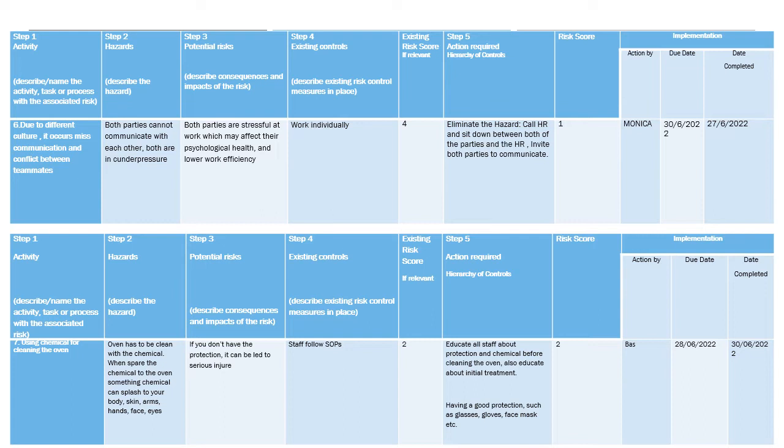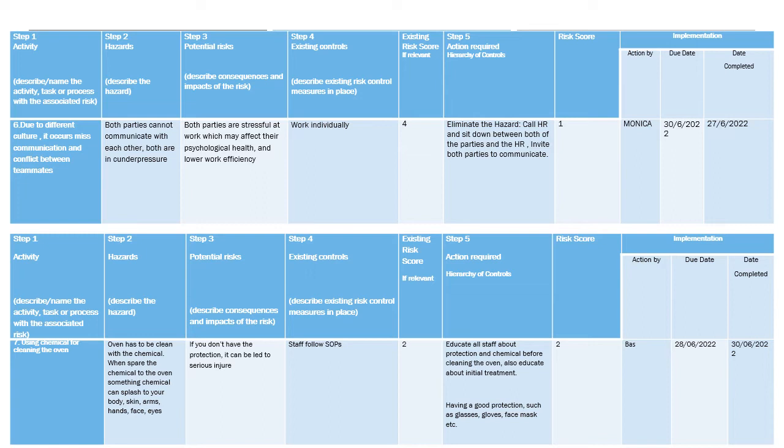The next one, number seven, is using chemicals to clean the ovens. When the oven is cleaned with chemicals, the chemical can spread to your body, skin, arms, hands, face, or eyes. If you don't have PPE, it can lead to serious injuries.